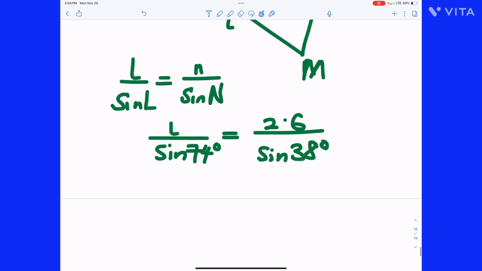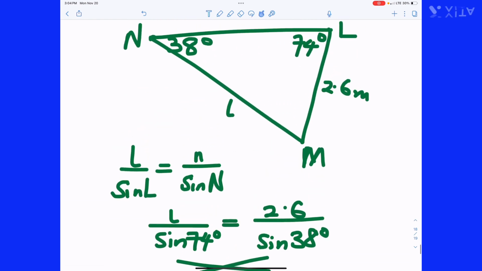Can you see how I got N? The side facing angle N is side N. This will be M, although we don't need it. Side L is facing angle L. So L over sine L is N over sine N.